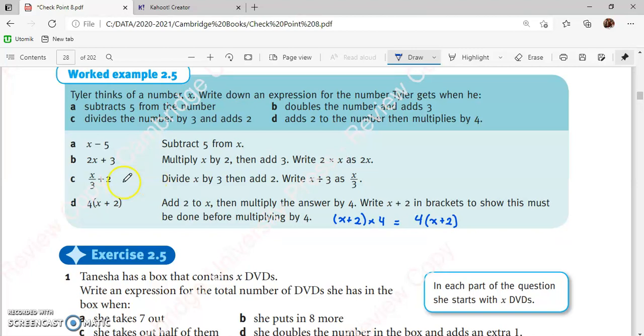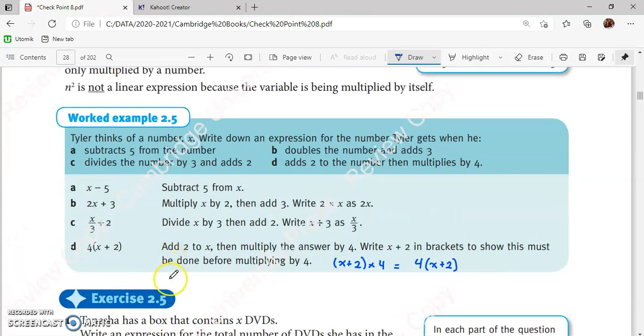Okay, now, besides adds, doubles, subtract, divides, multiply, we have some terms to describe the operations. For example, the word add, and then sum, and then more, and then combine, and then total.